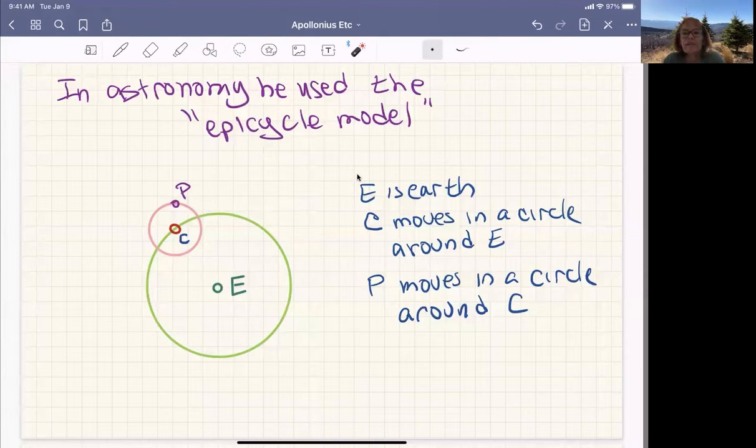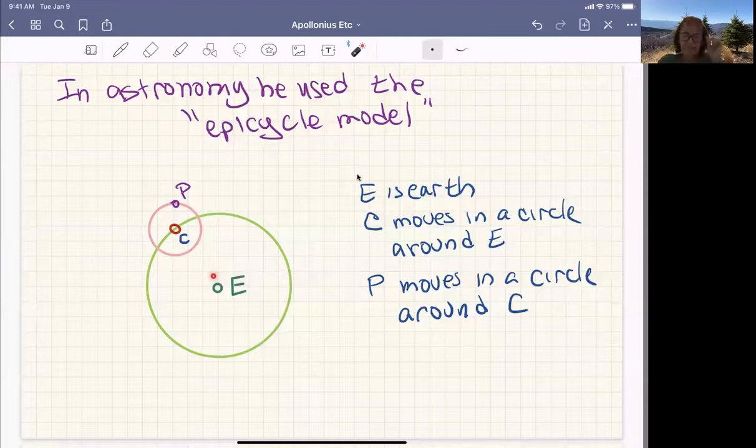Now, Apollonius also did astronomy, and he used something called the epicycle model. So it's a little bit complicated. So here's the Earth.